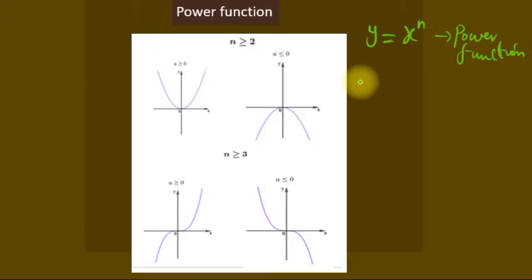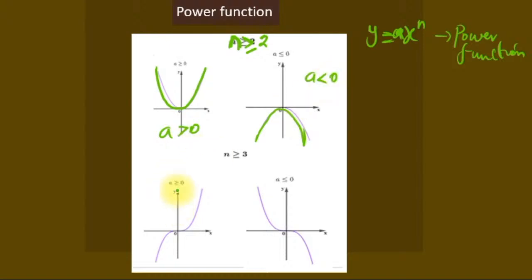Whenever n is greater than or equal to 2, we have either concave up or concave down, depending on the coefficient. One of them is when a is greater than 0, that is, when it's positive, and the other when it's negative.